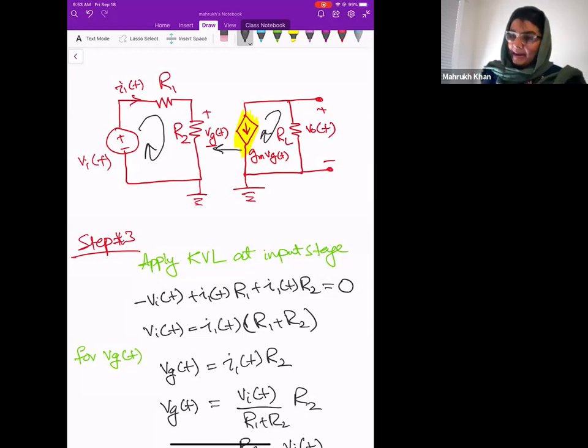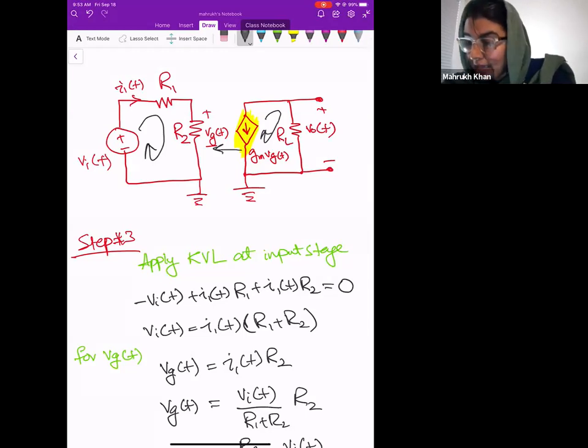Okay, but it should have the relationship. A dependent source should have a relationship with the source. So this relationship tells us how it is related to the input stage. In the real world, that's what you are asking, I think, how dependent voltage is implemented in circuits, right?